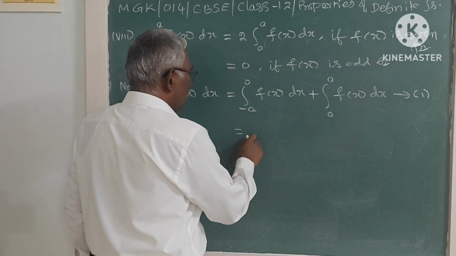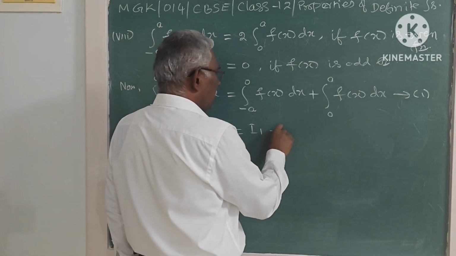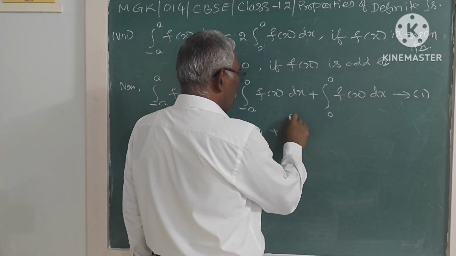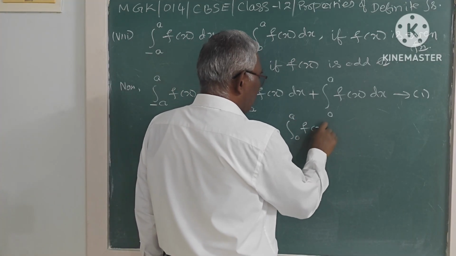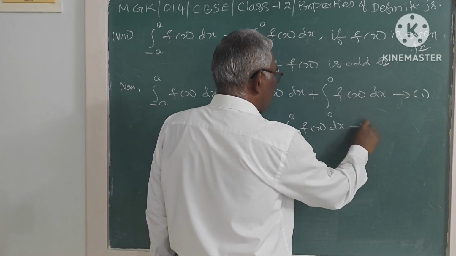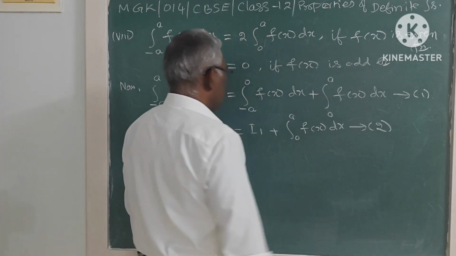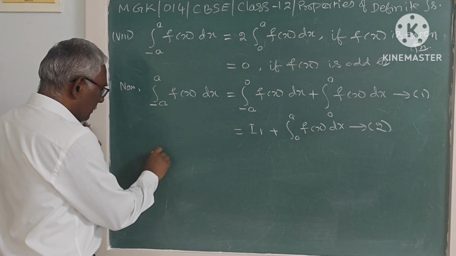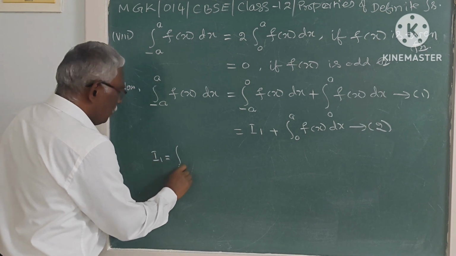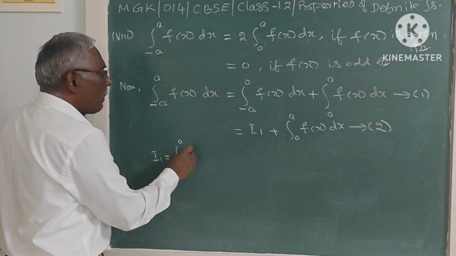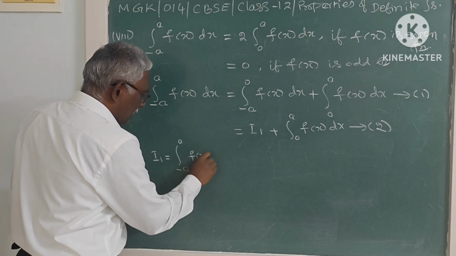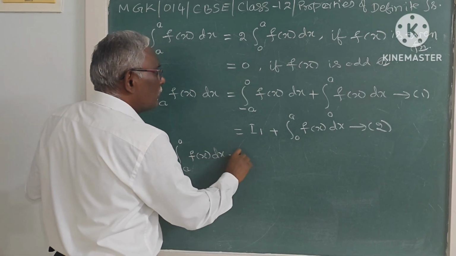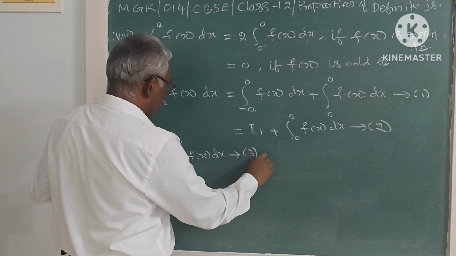Say this is equal to I suffix 1 plus integral 0 to a f of x dx. Now what is I suffix 1? Integral minus a to 0 f of x dx, we call this as 3.